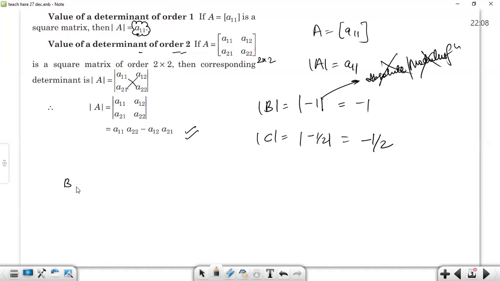Let's take an example. 5 into 3 is 15, minus 4 into 2 is 8. So 7 is the determinant. Any doubts, anyone, about finding the value of a determinant of order 2?